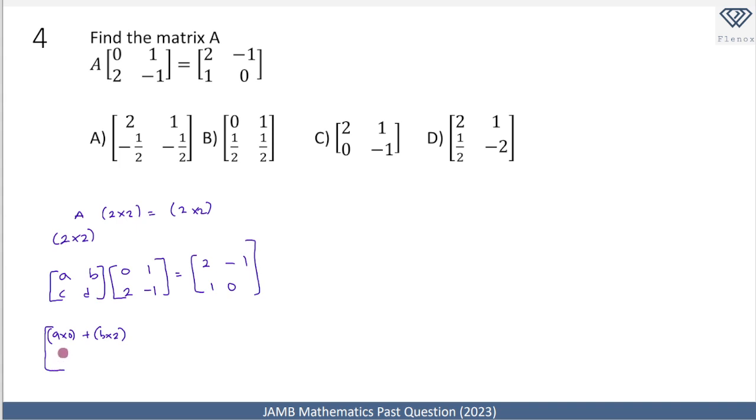The second term over here will be c times 0 plus d times 2. Now the term over here will be a times 1 plus b times minus 1. And the final term is going to be c times 1 plus d times minus 1.